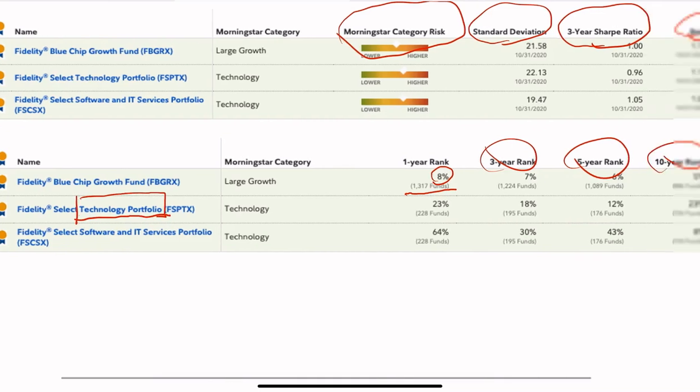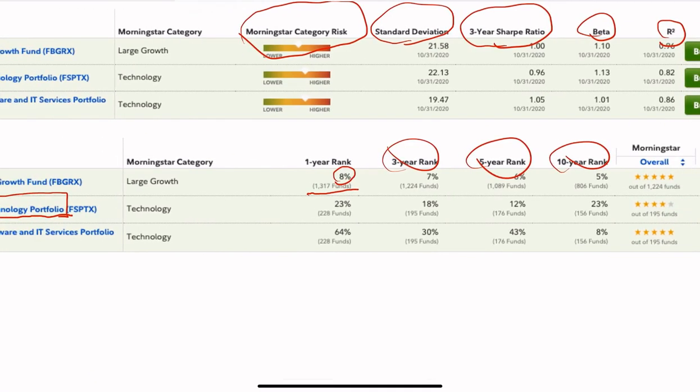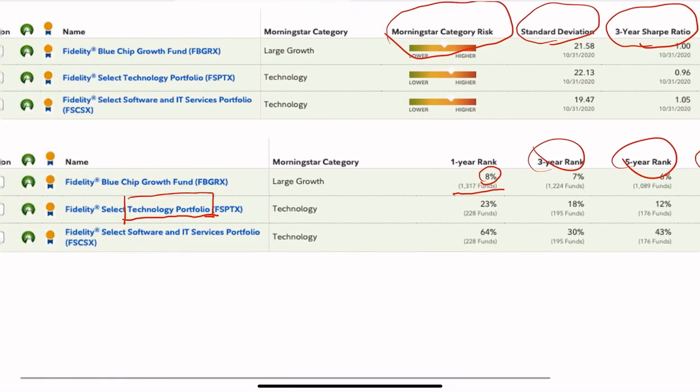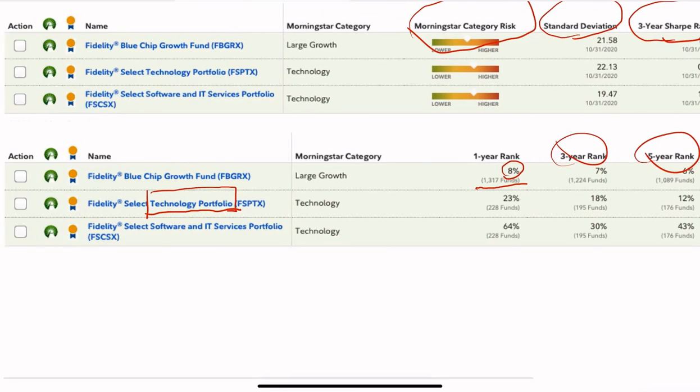And I know that, well, last year it had some good return. But does this mean I should invest in this technology portfolio? Well, I have to adjust for risk, right? So one simple way to adjust for risk is I compare this Fidelity technology portfolio with other technology portfolios, right?